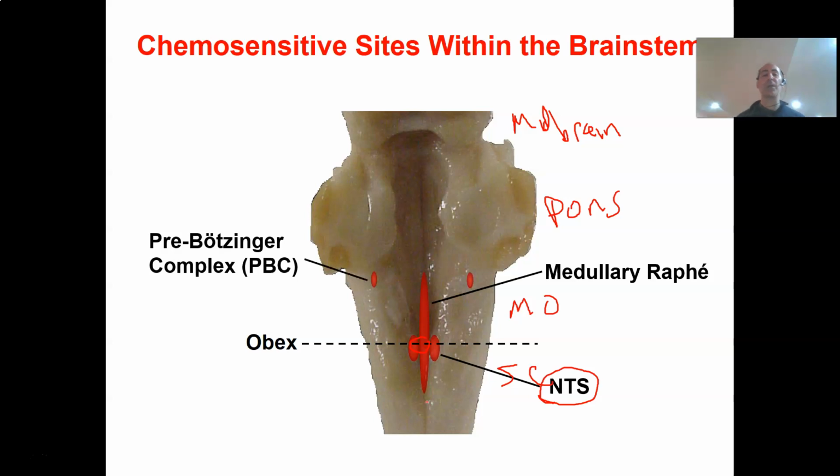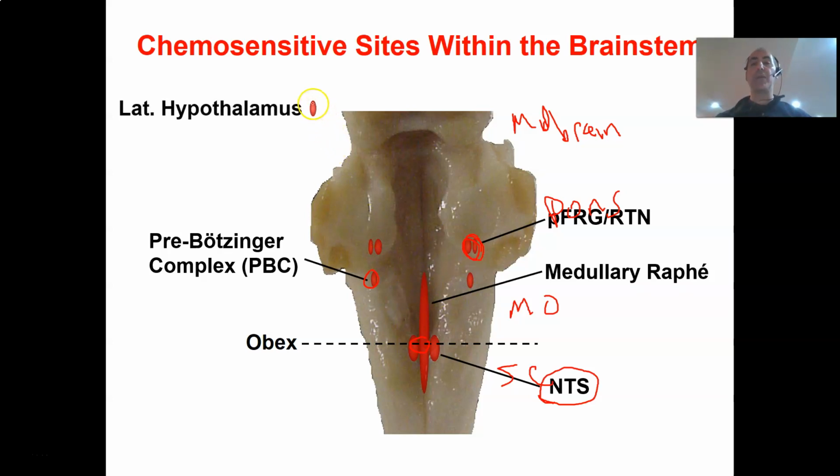Pre-Botzinger complex is where the rhythm generator for breathing is located. This is the on switch that triggers the diaphragm to contract. It is also sensitive to CO2. The PFRG/RTN area might be one of the most sensitive areas to CO2 that is located close to the pons.